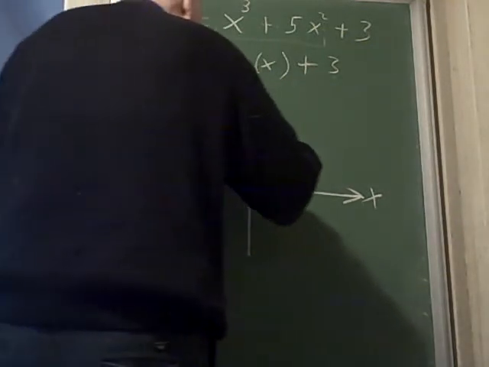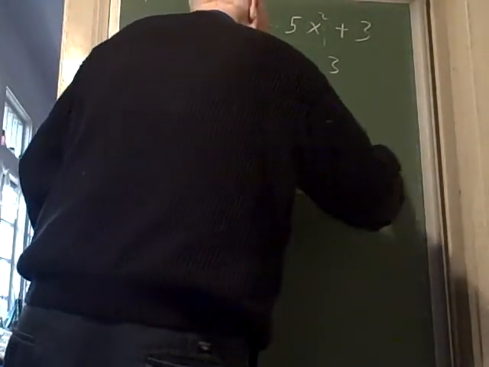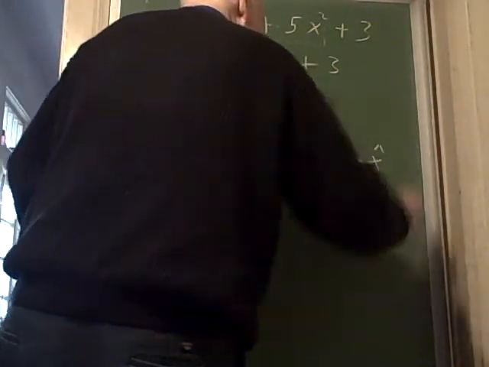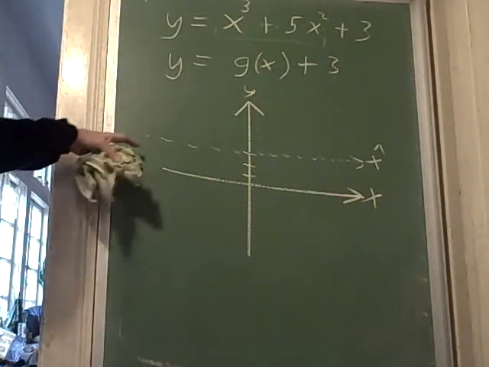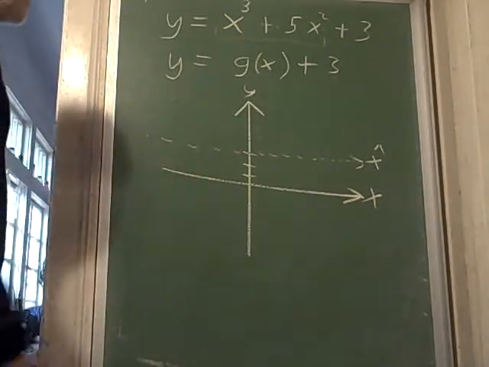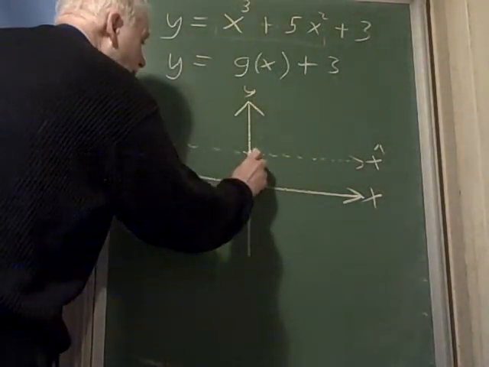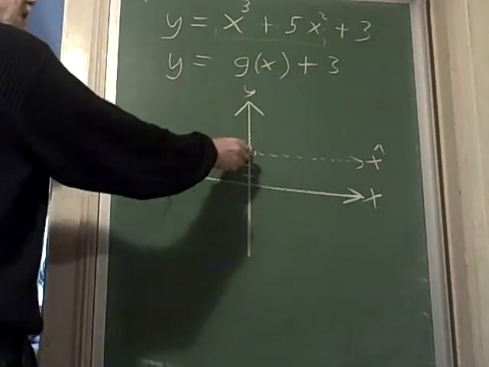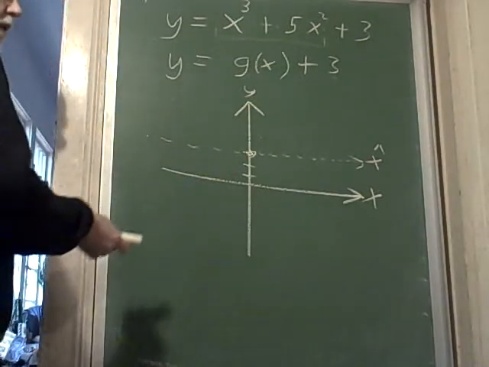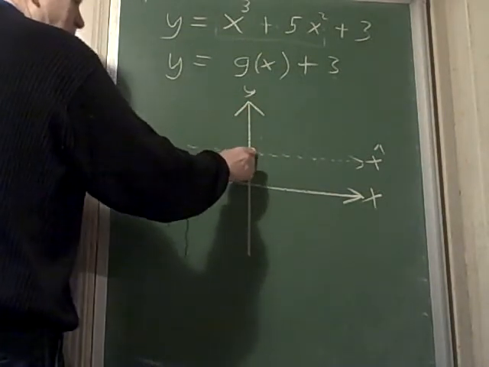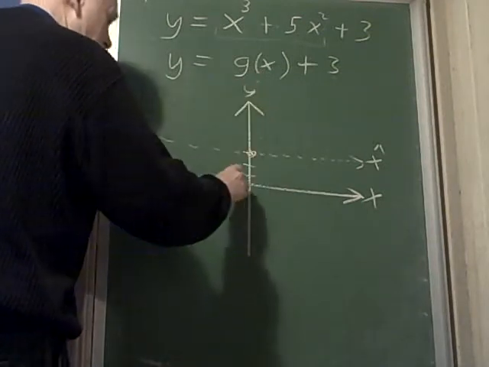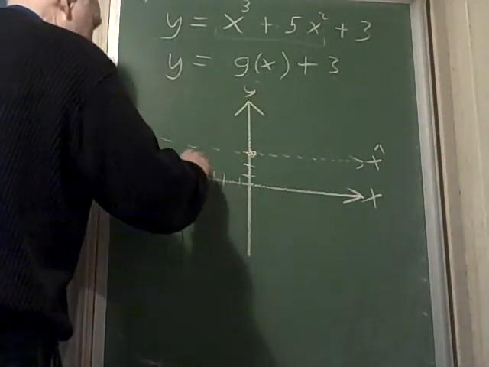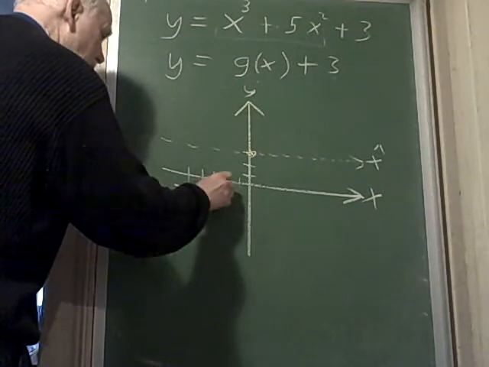And I draw a dotted line, a fake x-axis, and I call it x hat, so I know that it's not a real axis or some kind of horizontal asymptote. Now I'm going to pretend that this is the origin. If you look back, the x-intercepts on g of x were 0 and 0 and negative 5. Here's negative 5. 1, 2, 3, 4, 5.